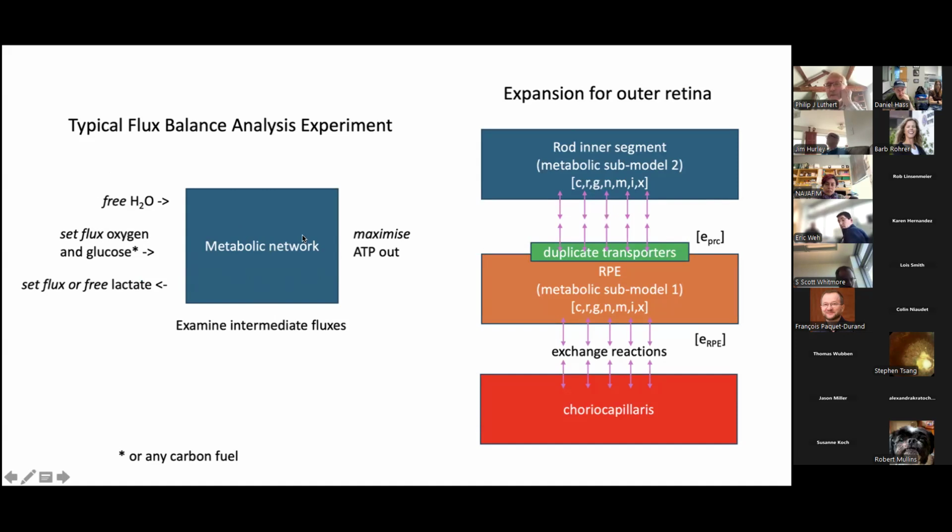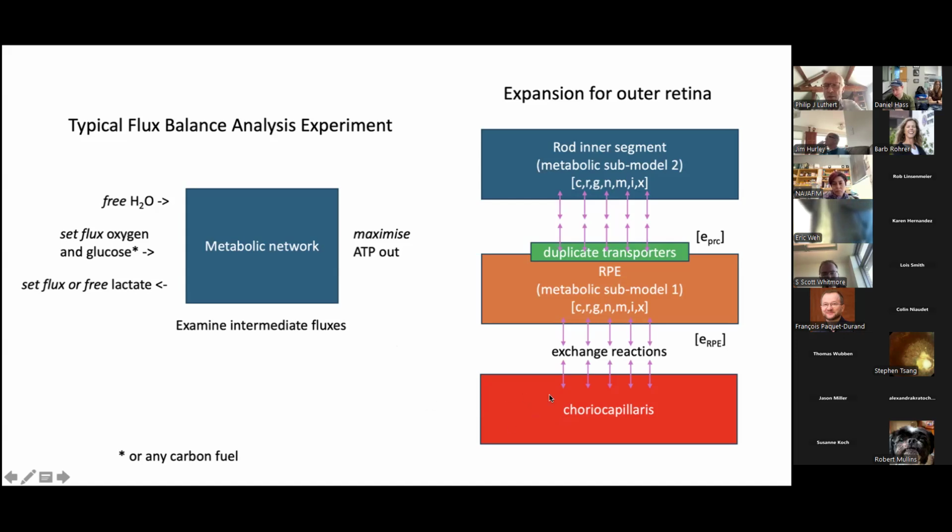And then, for instance, maximize the ability of the network with these constraints to generate ATP. And what we did was try and convert this a little bit to an outer retina model.